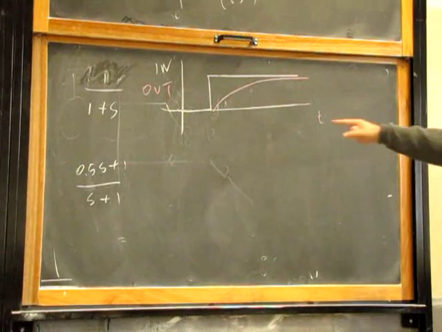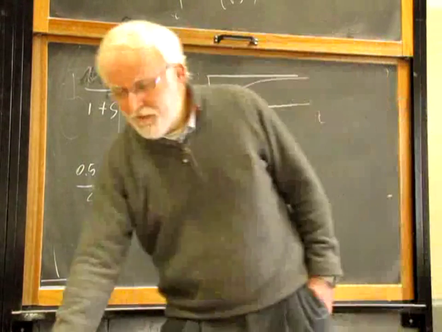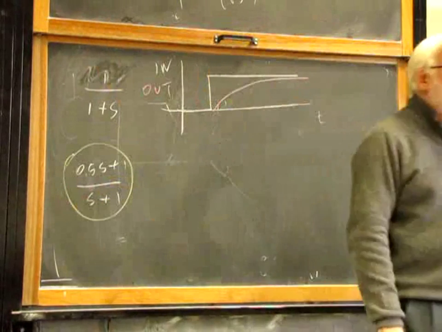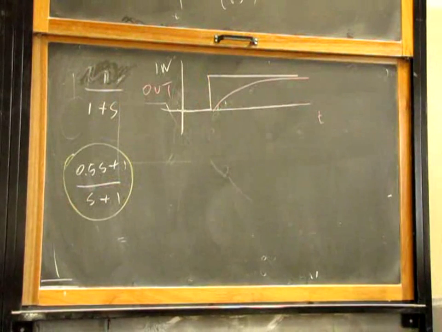What is the time domain solution for this transfer function, without taking the inverse Laplace transform of that stuff multiplied by 1 over s? Initial value theorem, final value theorem, something like this.